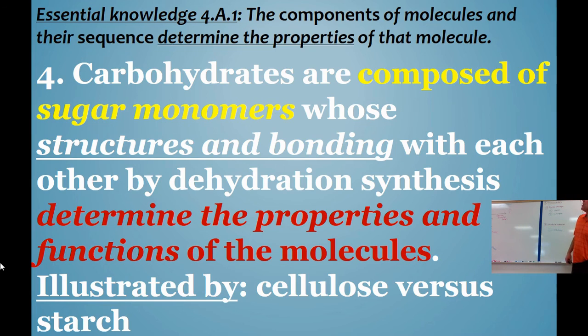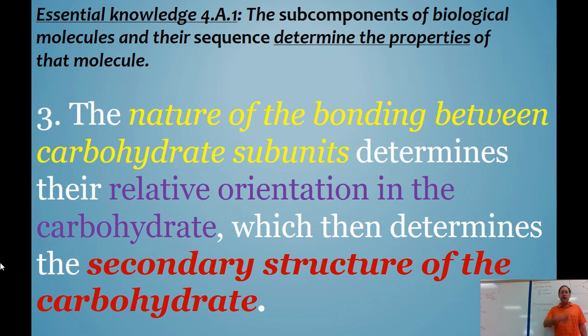Carbs are composed of sugar monomers whose structures and bonding with each other by dehydration synthesis determine the properties and functions of the molecules. So basically, you would talk about the different types of bonding and then the different types of structures that we just went over here, in order to show me mastery of this essential knowledge item from the College Board. Here's another one.